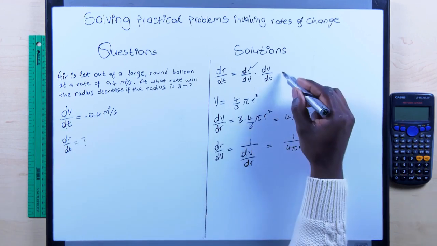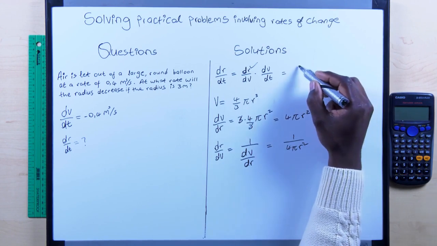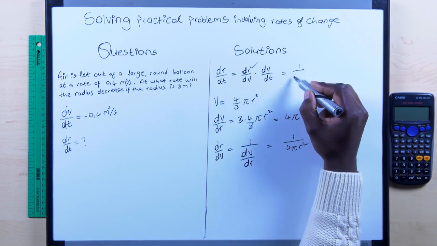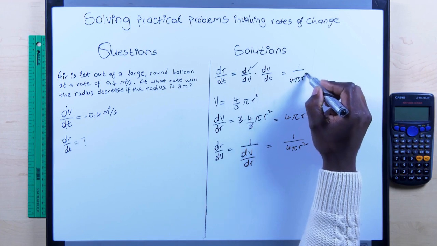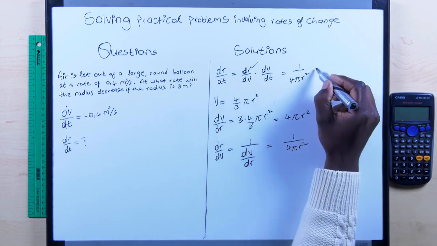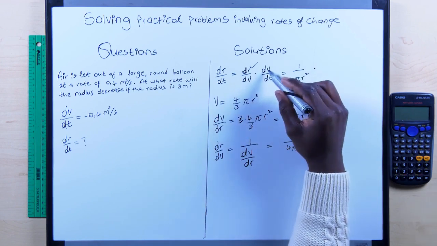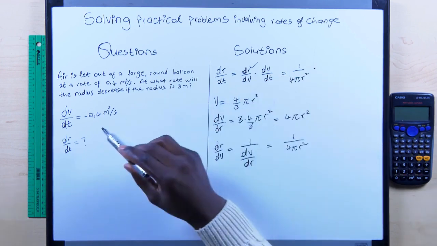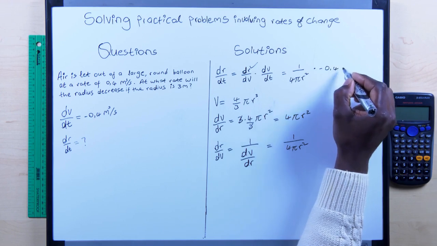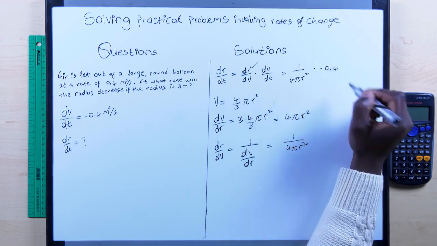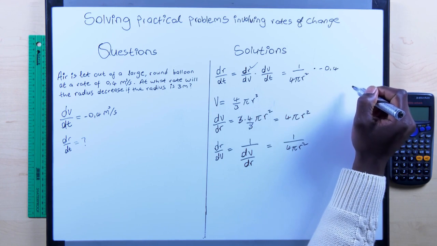Now let's put them together. 1 over 4 pi r squared, which is this part, multiplied by dV/dt, minus 0.4. We don't have to worry about the units.